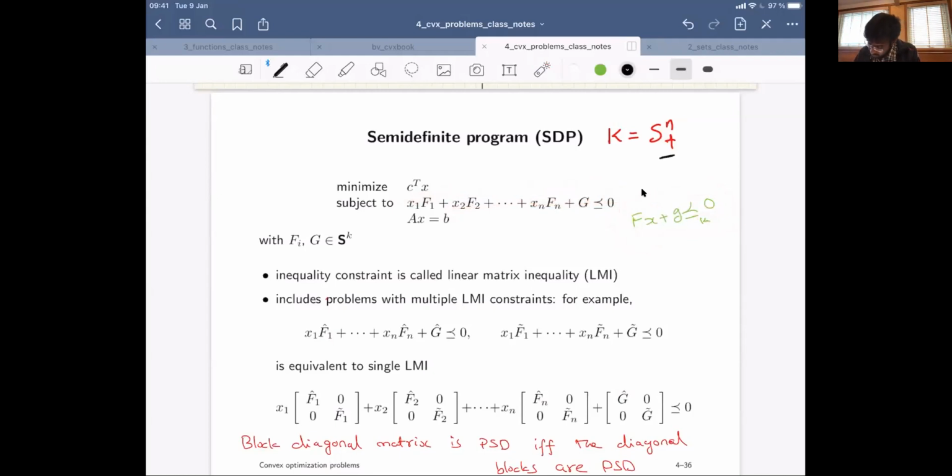So instead of this, I have a function A(x), which is a matrix, and the inequality is less than or equal to 0 with respect to this specific cone.